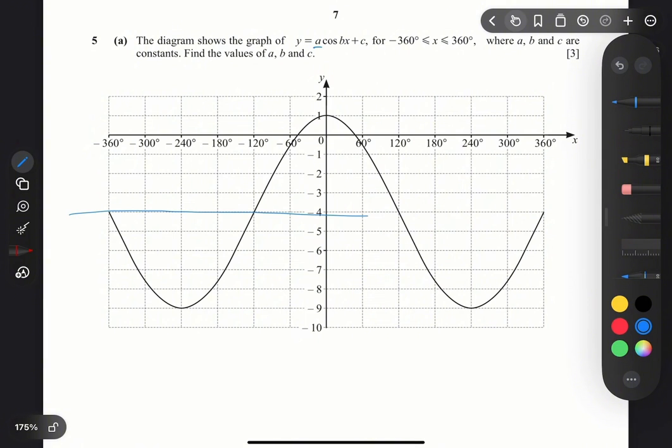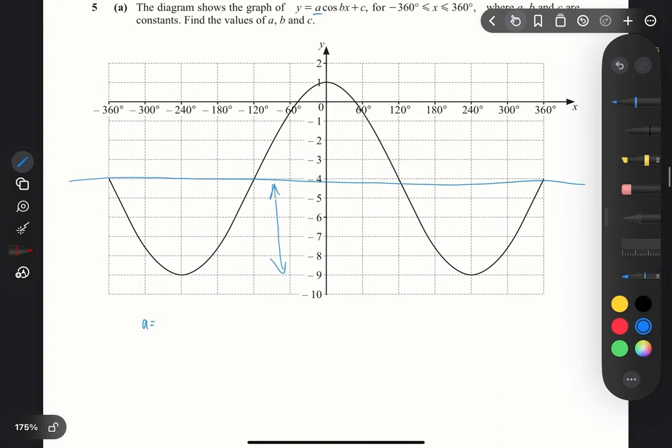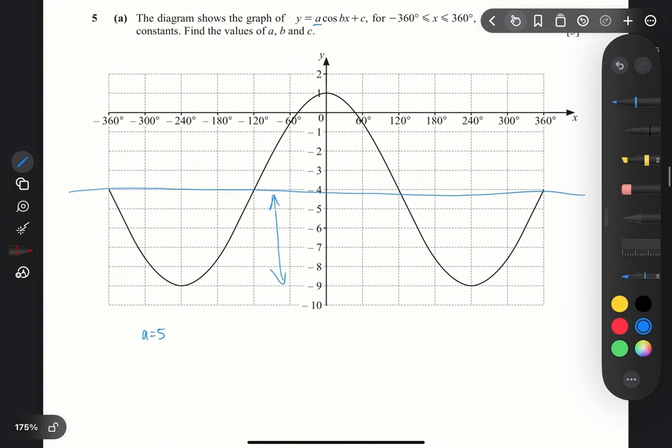And if you see the graph, this part is actually the middle of the cos graph. So the amplitude is 1, 2, 3, 4, 5. It's 5. So a equals 5.